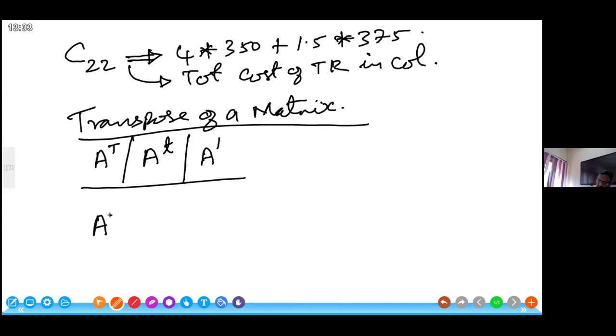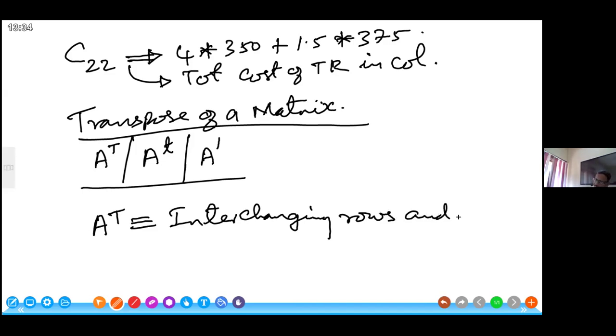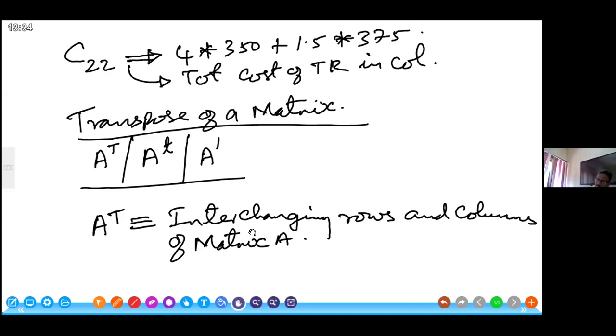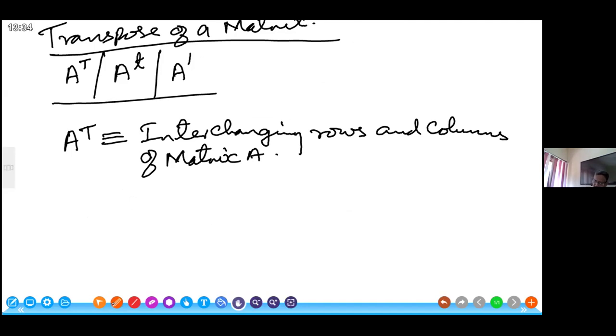What is this A transpose? Interchanging rows and columns of matrix A. So what do you mean by interchanging rows and columns?